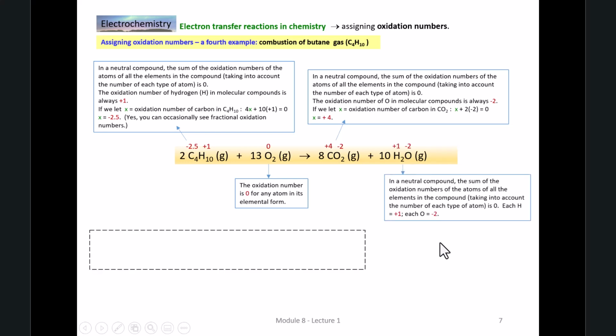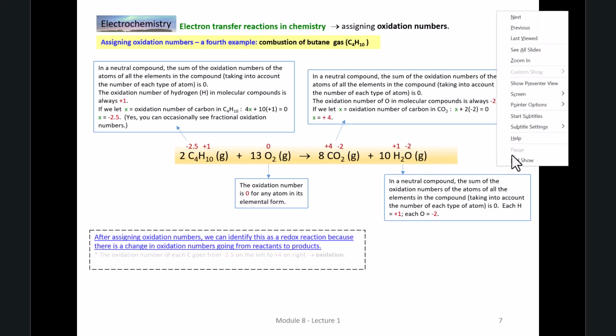We can see that this is a redox reaction because there's a change in oxidation numbers going from reactants to products. Well, what are those changes? Each carbon on the left was -2.5 oxidation number, and each carbon on the right is +4. So carbon has obviously been oxidized. It's lost negative charges. Oxygen was 0 on the left, and it's -2 on the right in two different places. So oxygen's undergone reduction. And so we have a redox reaction.